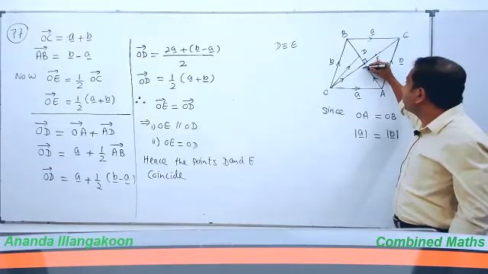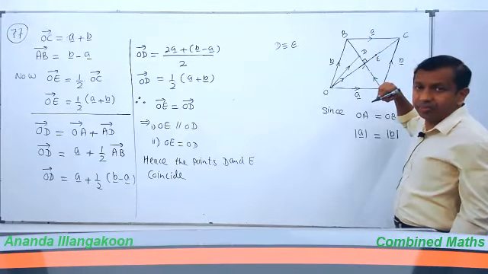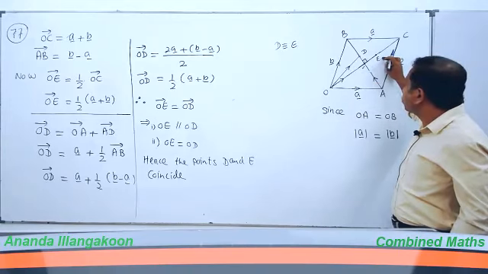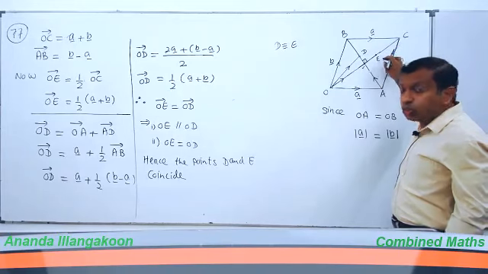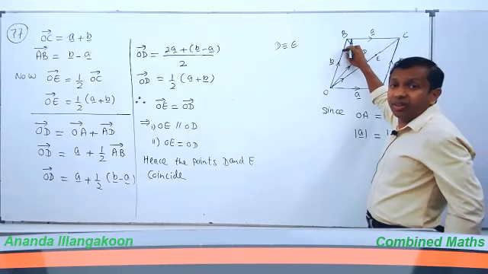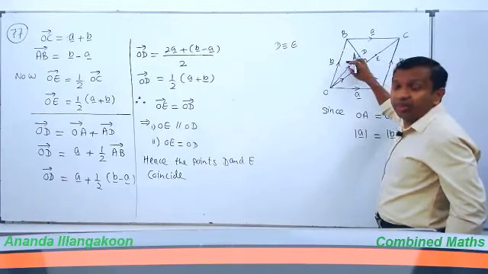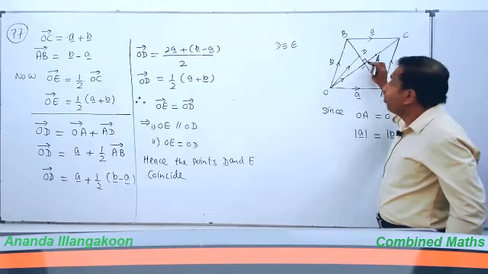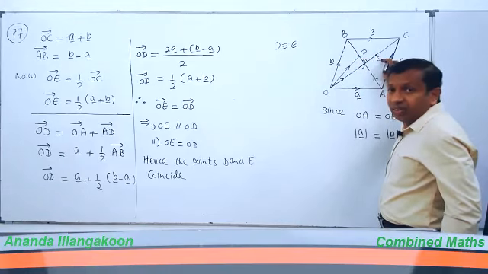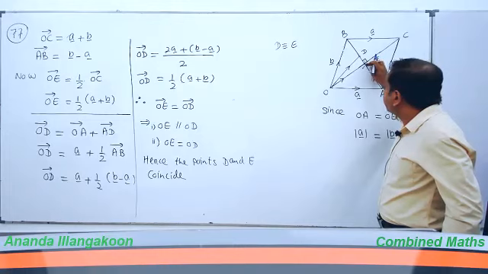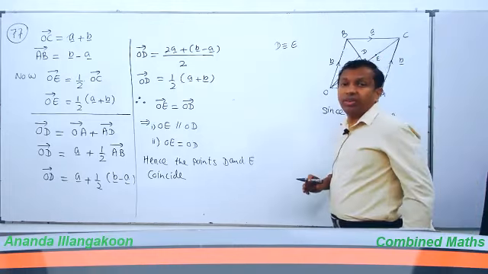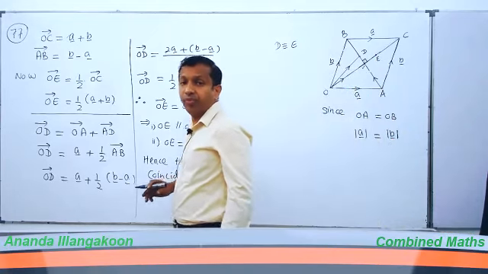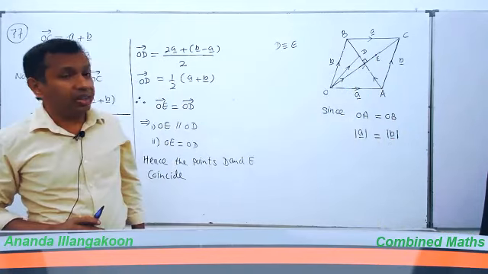Therefore, this is the point where D lies. Again, point E should be on OC as well as on AB, because E and D coincide. So for the point E, the point to lie is this. That means this should be the midpoints of OC and AB.